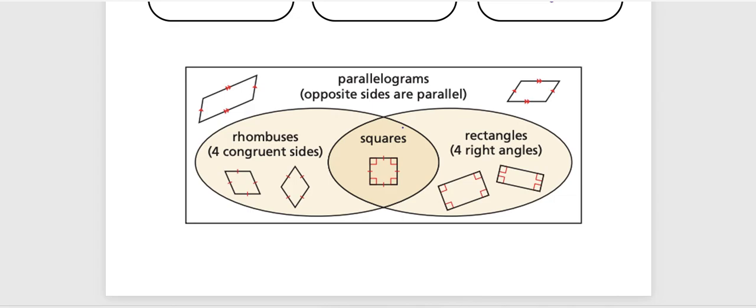So I'm going to go ahead and write the properties of parallelograms because we're going to need that for our next few problems. So if you recall, there were 4 different types of properties for parallelograms. The first one was that opposite sides are congruent. The second is that opposite angles are congruent.